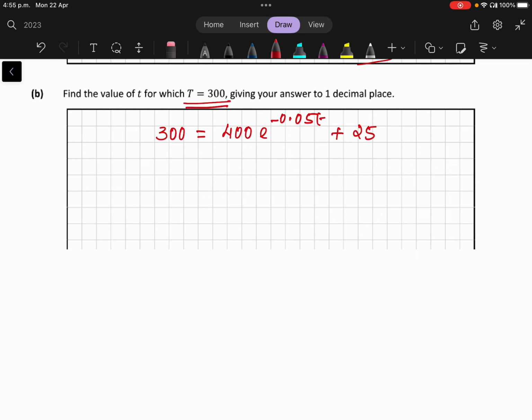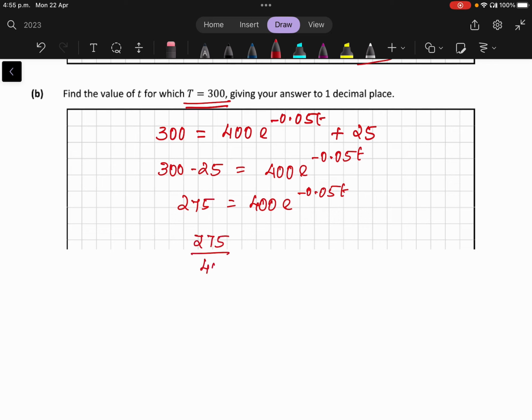So here first you bring the 25 this side, so it is 300 minus 25 is equal to 400 e to the power of minus 0.05 t. So 275 is equal to 400 e to the power of minus 0.05 t, and then divide by 400.